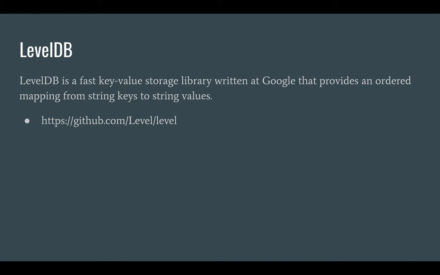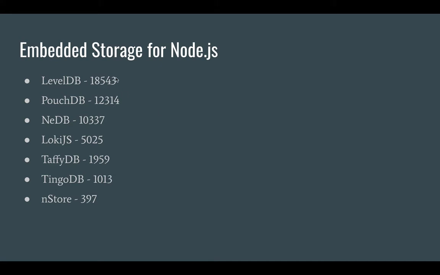So it can be a solution that works both in your browser and on the back end if you so desire by using this particular project here. So that is the most popular, at least on GitHub in terms of stars.